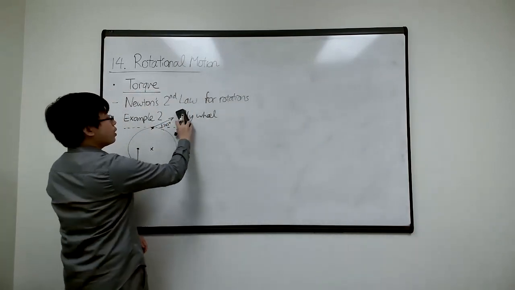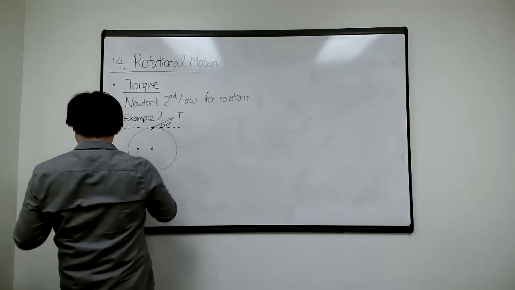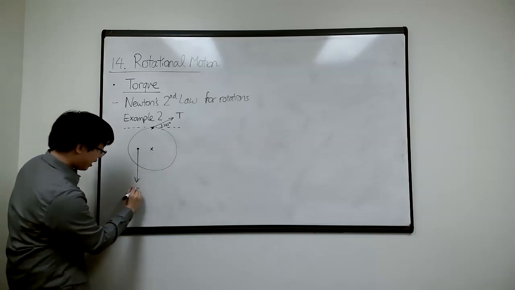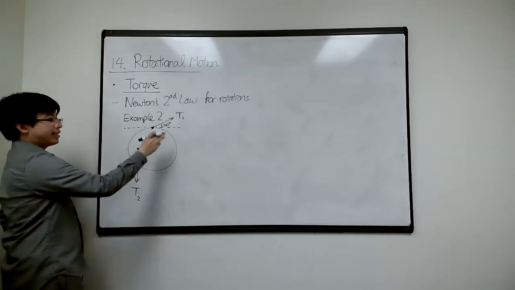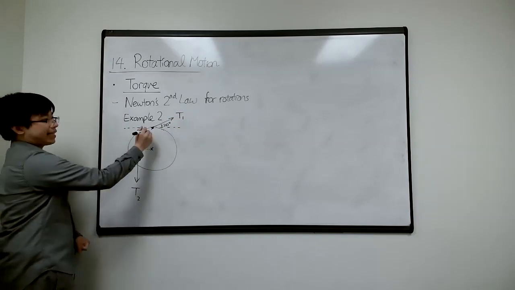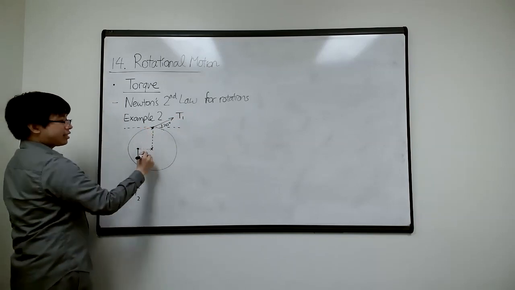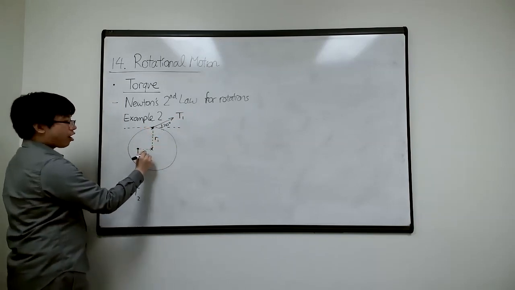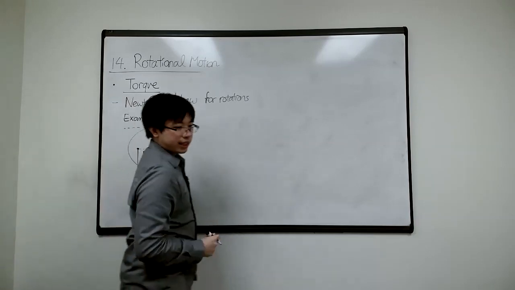Let's call these tensions T1 and T2, so they're different, and this is just yanked perpendicularly from its axis. It has radius R1, R2. We'll plug in numbers at the end if you want.